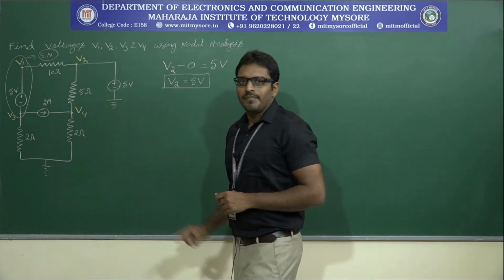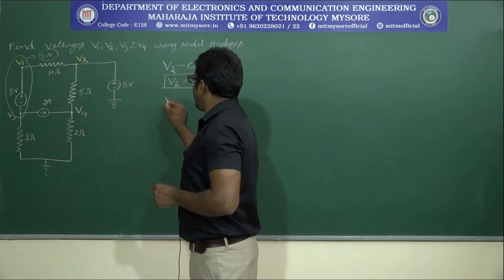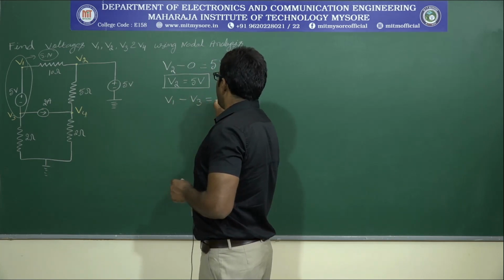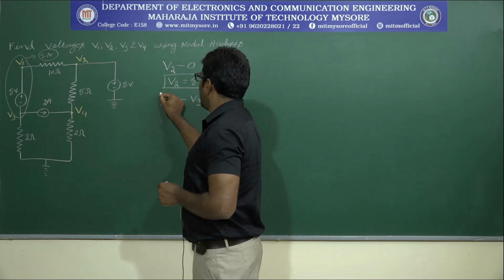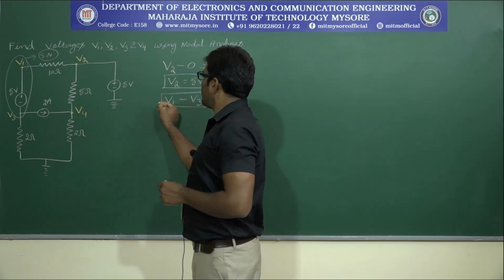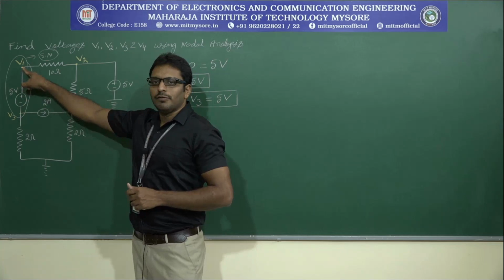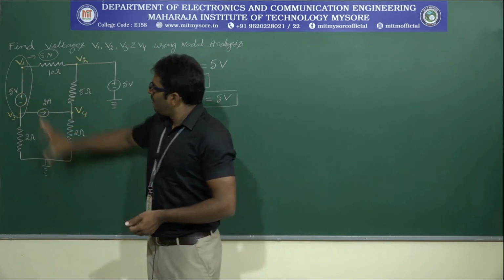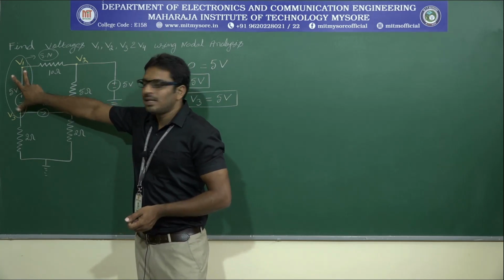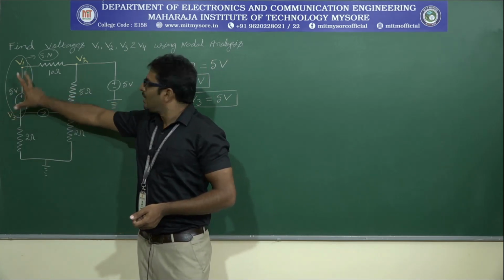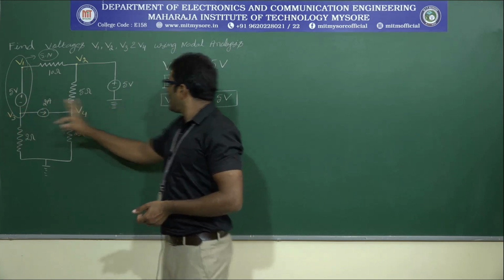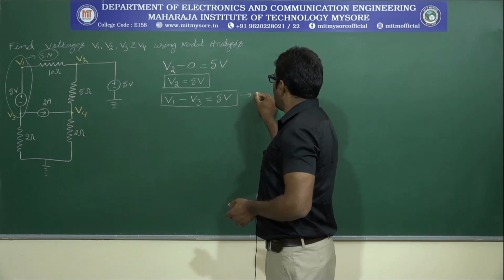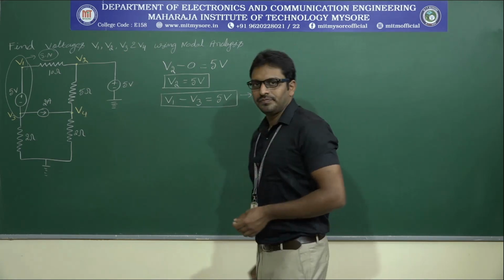From the supernode, V1 minus V3 is equal to 5 volts because higher potential is connected to V1 and lower potential is connected to V3. Therefore, the potential between these two terminals is equal to 5 volts. Then what is the potential difference? V1 minus V3 is equal to 5 volts, and call this as equation star.